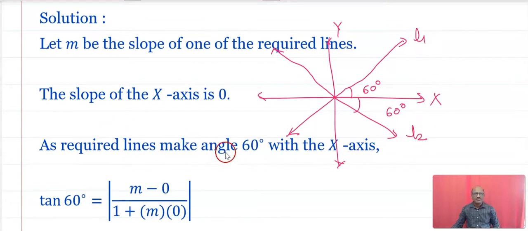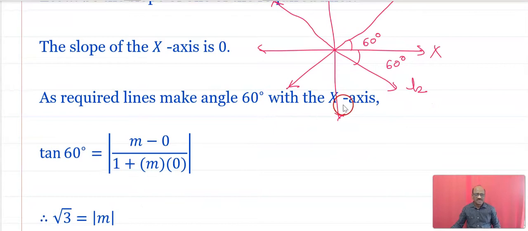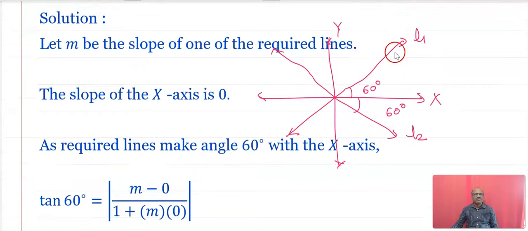As the required line makes an angle of 60 degree with the x-axis, tan 60 is equal to, that is the angle between these two lines. Okay, it is 60 degree, and we want to find out the slope of this line, m. Therefore, m minus 0, the slope of the x-axis is 0.